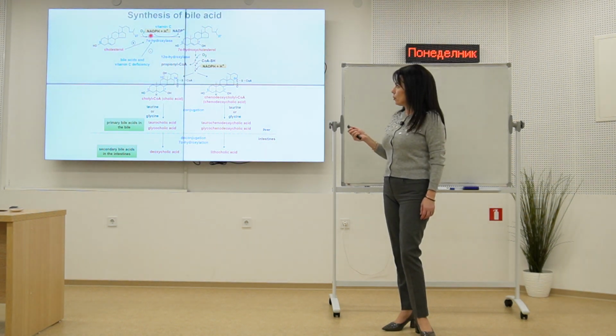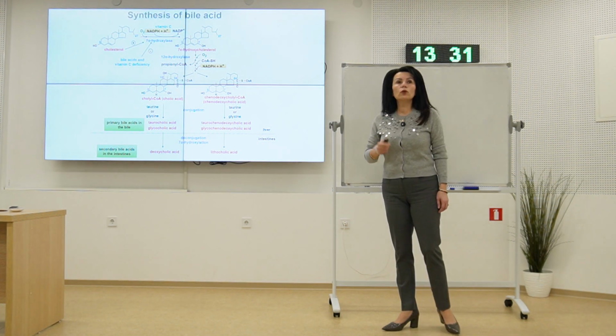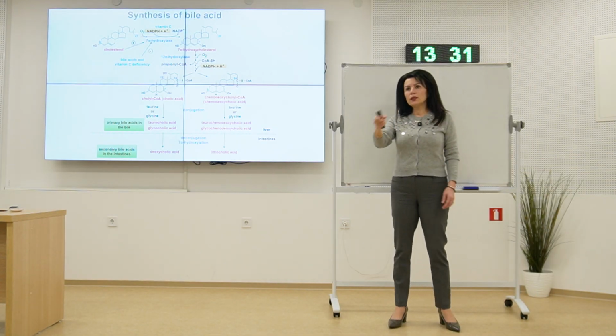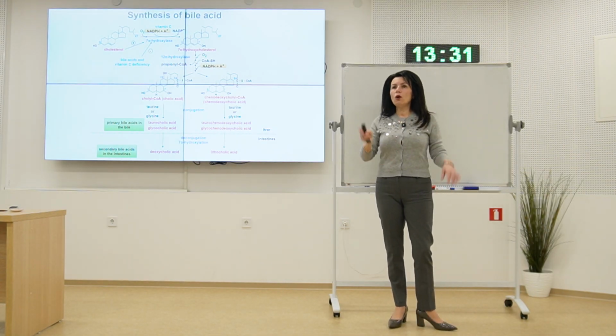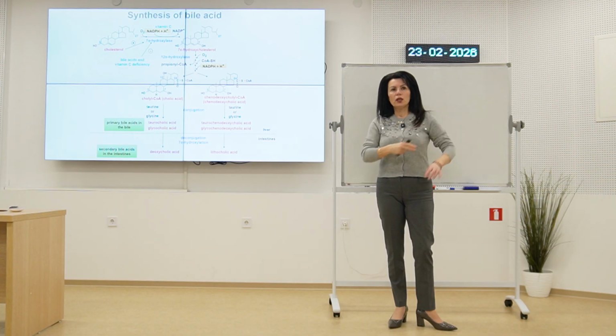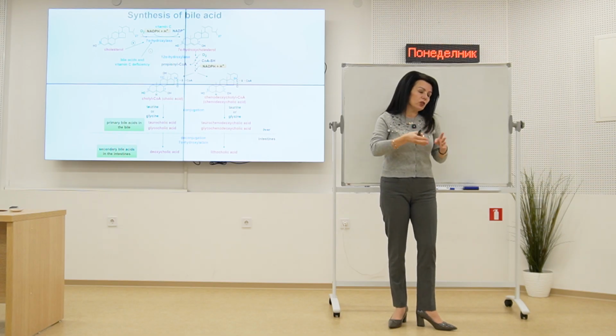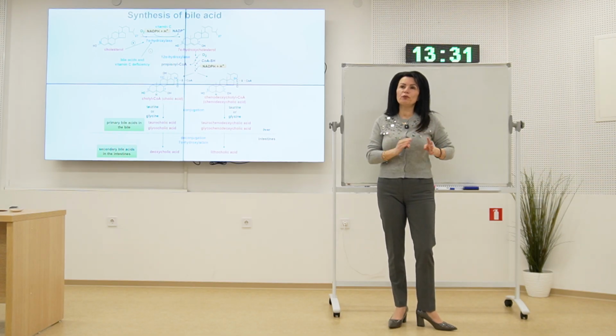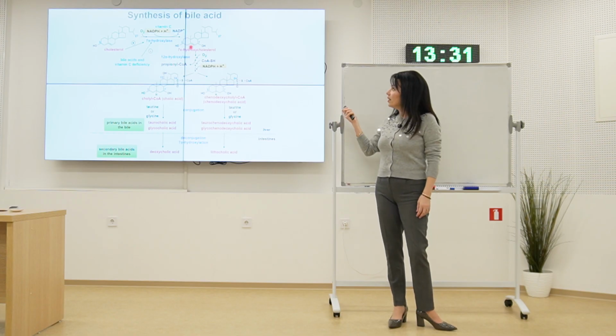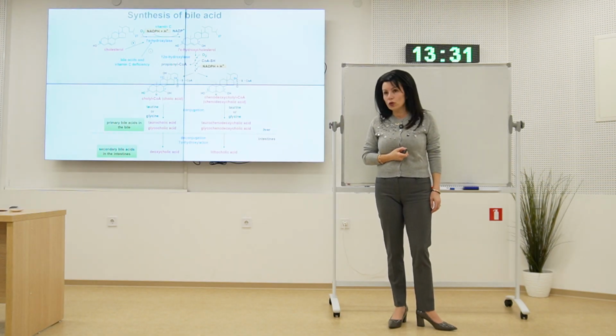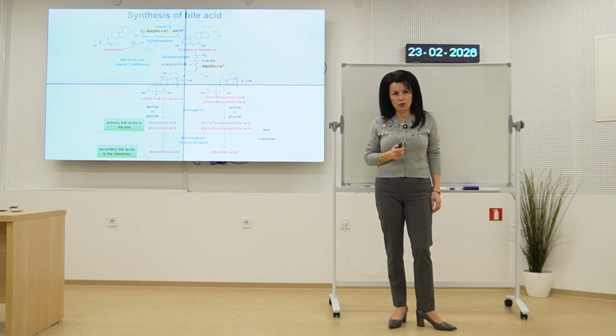This is a hydroxylase reaction, and do you remember what I said in the previous lecture? All hydroxylation reactions require one specific mechanism called the short electron transport chain with cytochrome P450 and NADPH as the donor of hydrogen atoms.